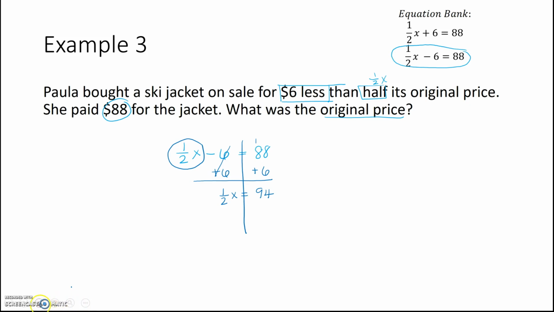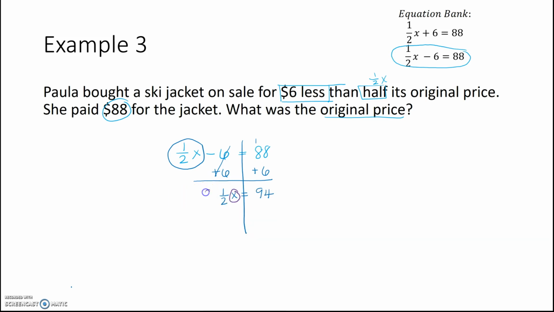Now I am still trying to get x by itself. Right now it's multiplying by 1/2, so I should divide by 1/2. But if you remember, if you have a fraction here, all you do is multiply by the reciprocal.